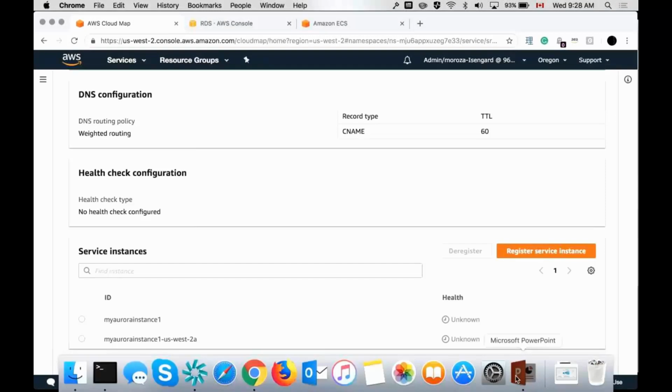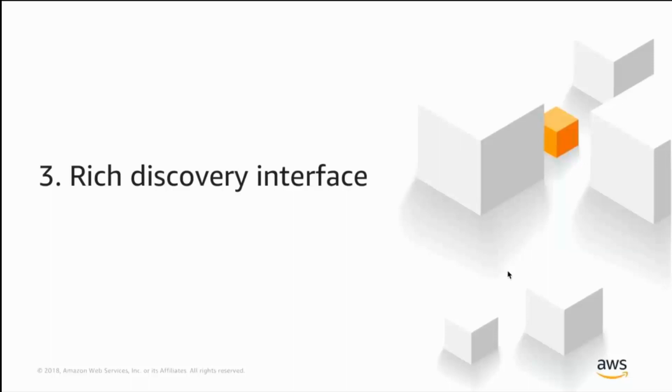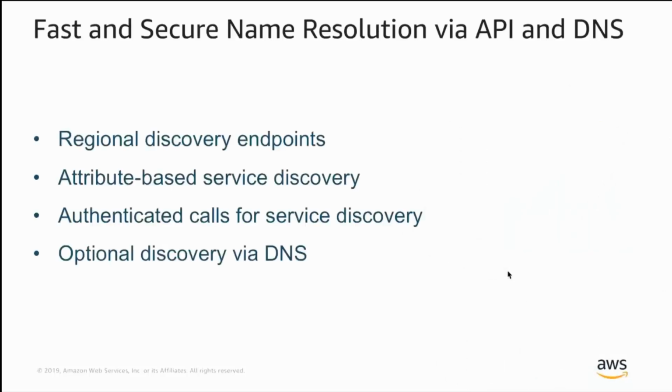Now let's switch back to the presentation and look at the discovery interface. With AWS Cloud Map, you get really fast and secure name resolution via both API and DNS. You start with your regional discovery endpoint, and you call it providing a service name and your namespace name, and you get back the results, things that are registered in that service.